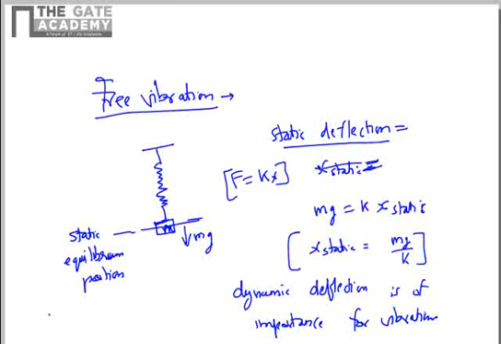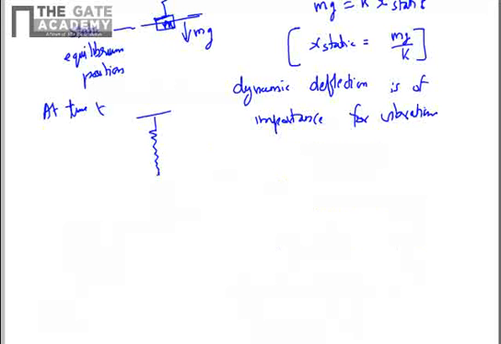So let's say at time t, the spring mass system, this is the static equilibrium position, and at any time instance the deflection is x from the mean position.